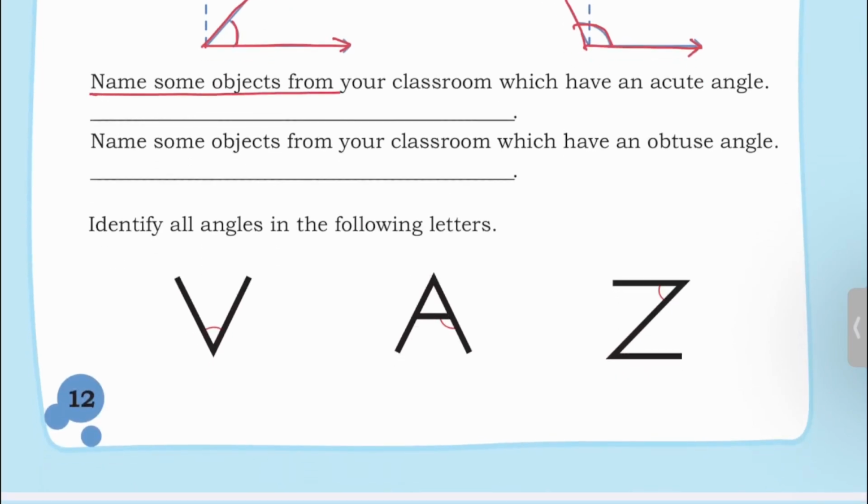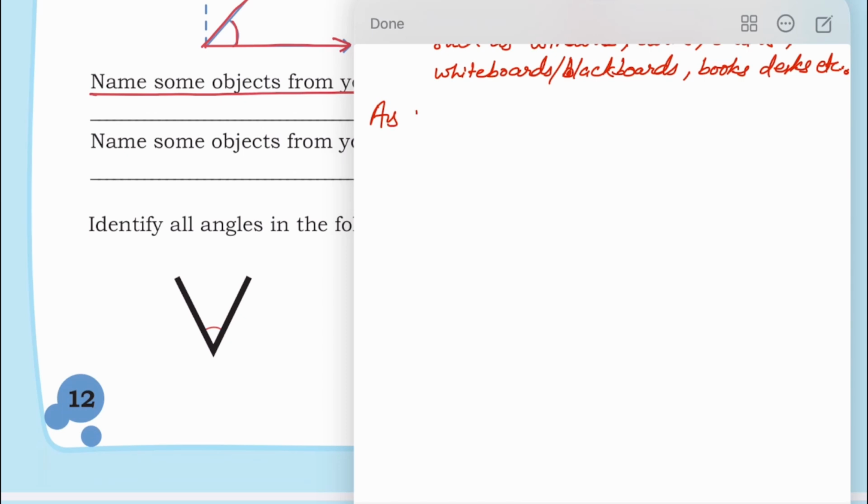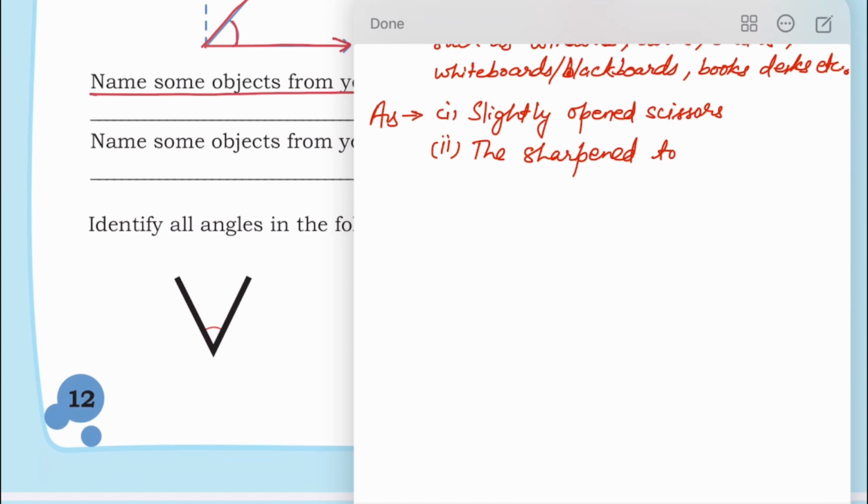Name some objects from your classroom which have an acute angle. Answer. Slightly opened scissors. The sharpened tip of a pencil.